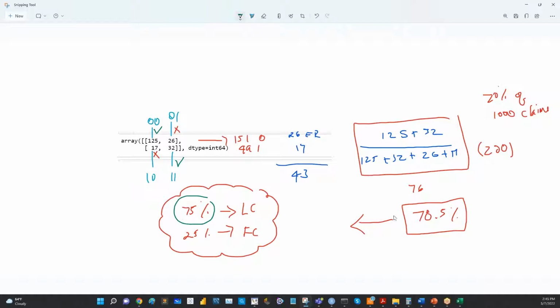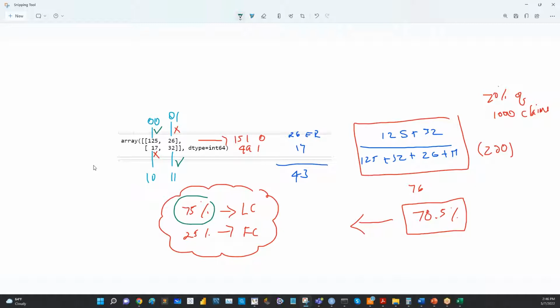And now we built a model at 78%. What does it mean? The accuracy of the model. Accuracy is improved. So the accuracy here means, for example, let's say Afifa calls in to report a claim.